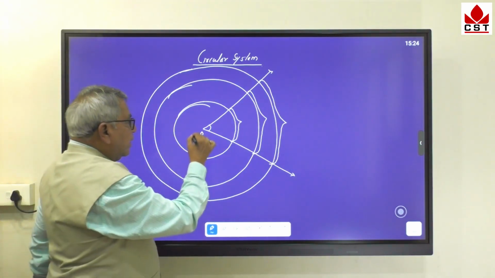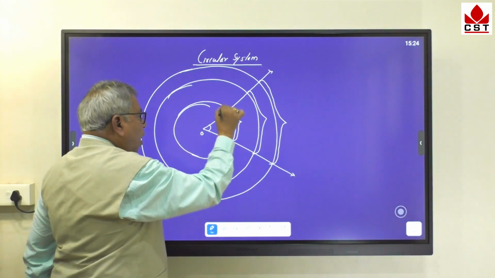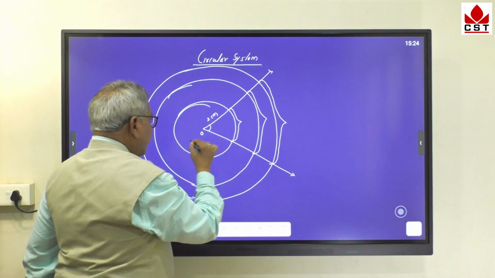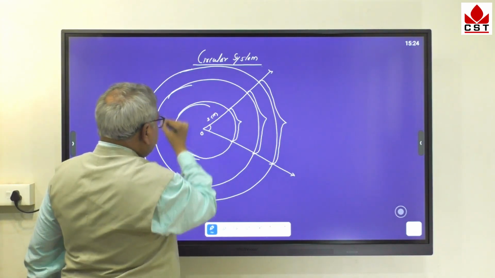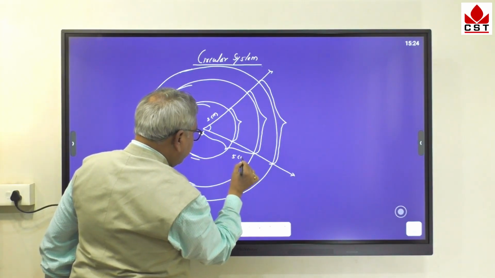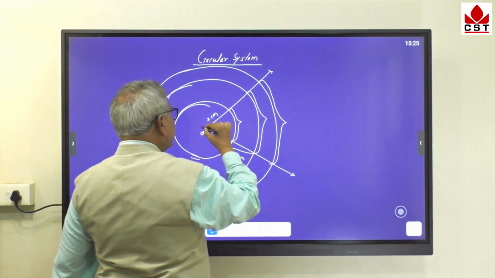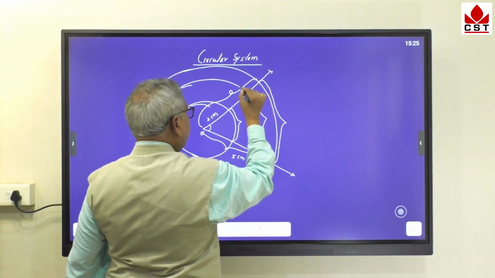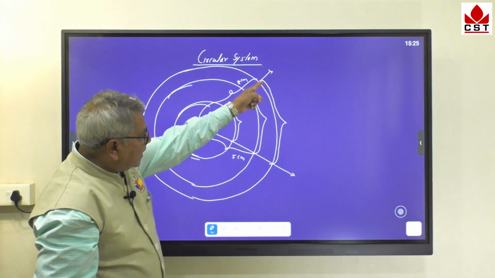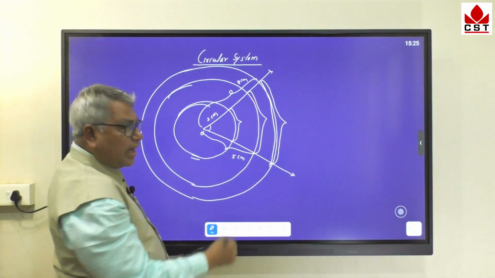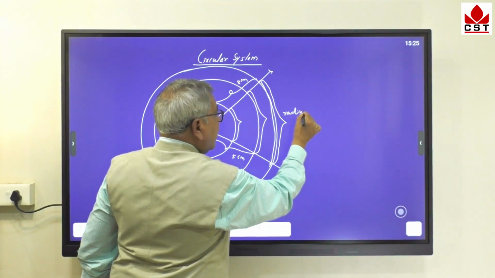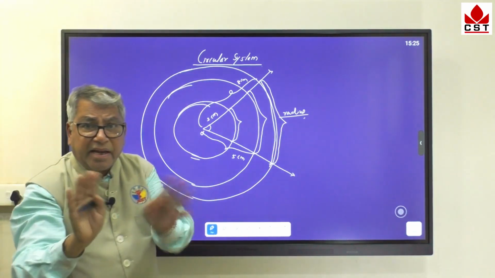See that. If the radius of this circle is 2 centimeter, the radius of the second circle is say 5 centimeter, and this radius is 8 centimeter, and the arc length is equal to the radius.